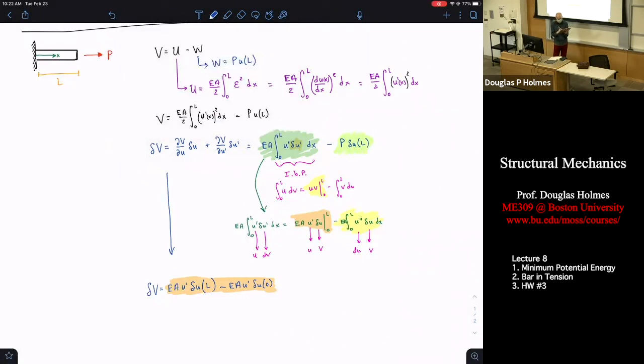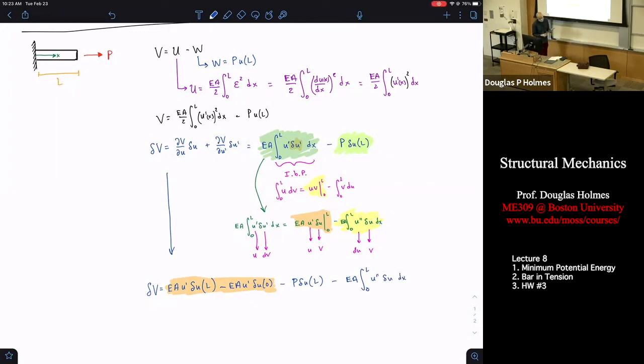That didn't change at all, so we just bring it back: P, and delta u at L. And then finally, we have our yellow term, which is EA integral from 0 to L of u double prime times the first variation of u with respect to x.